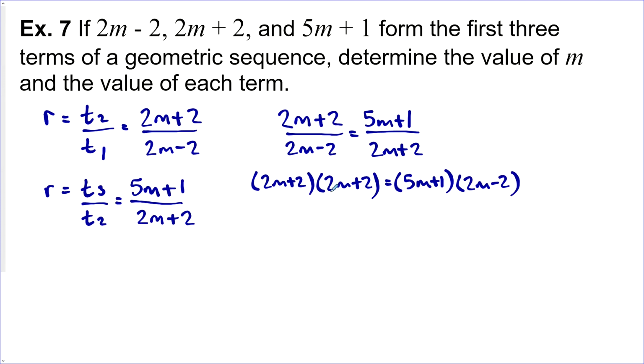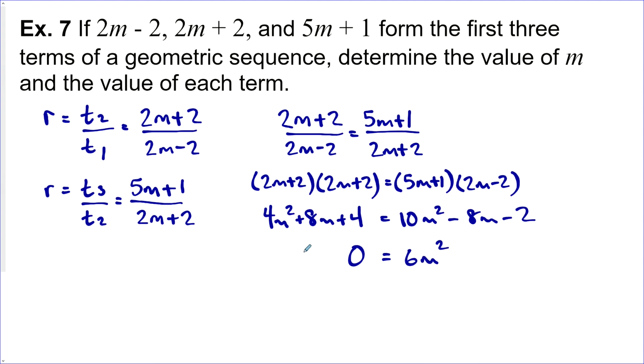Now I'll multiply in these binomials, so 4m squared plus 8m plus 4 equals 10m squared minus 8m minus 2. Now let's move everything to this side so I can have a positive leading coefficient. So get 0 is equal to 6m squared minus 8, so minus another 8 is minus 16m, minus 4 minus 2 is minus 6.